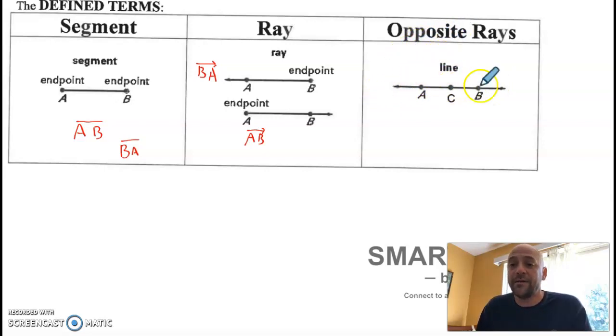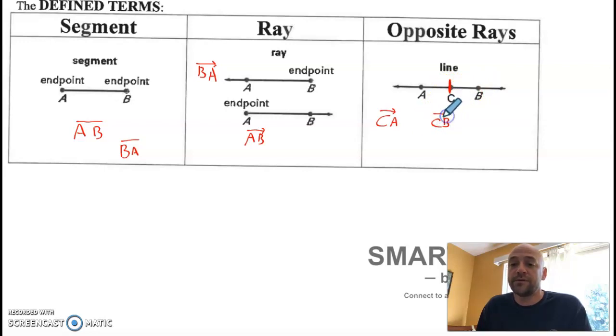All right, next idea, opposite rays. We have a line, so all of these 3 points, A, C, and B, they're all on one line, but for opposite rays, we have this one point, C. We have a ray that goes from C through A, so ray CA. And then we have the other side of the line, starting at C, going through B. We have this ray.